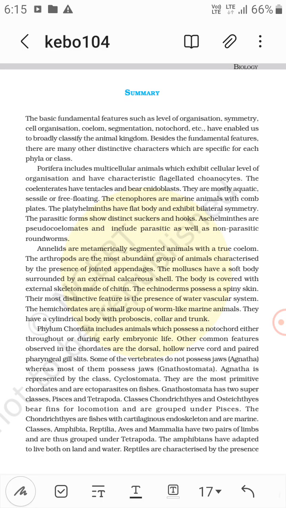Porifera includes multicellular animals which exhibit cellular level of organization and have characteristic flagellated choanocytes. The mollusks have a soft body surrounded by an external calcareous shell. The body is undivided, it is not segmented.